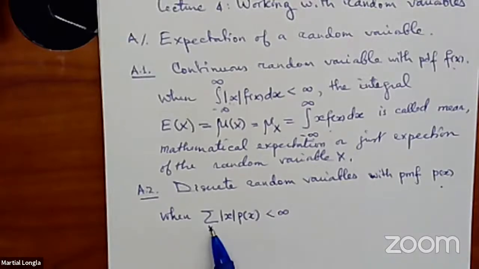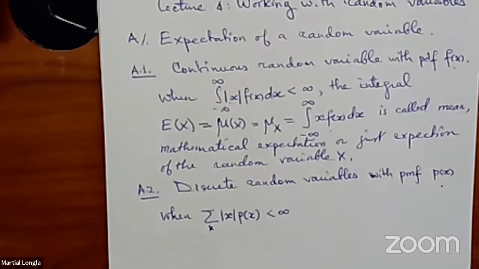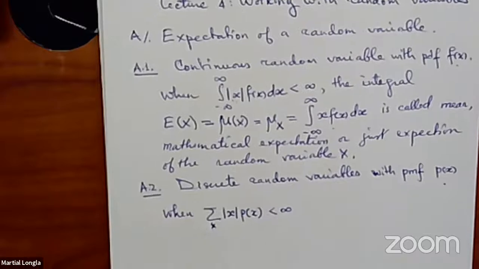When the random variable takes a finite number of values, this is obvious, because the sum of a finite number of values is always going to be finite. When the random variable takes countably many values, then this turns into a series. And you know that not all series converge. Some converge, some don't. That's why it's important to check that condition when you have countably many values for x.